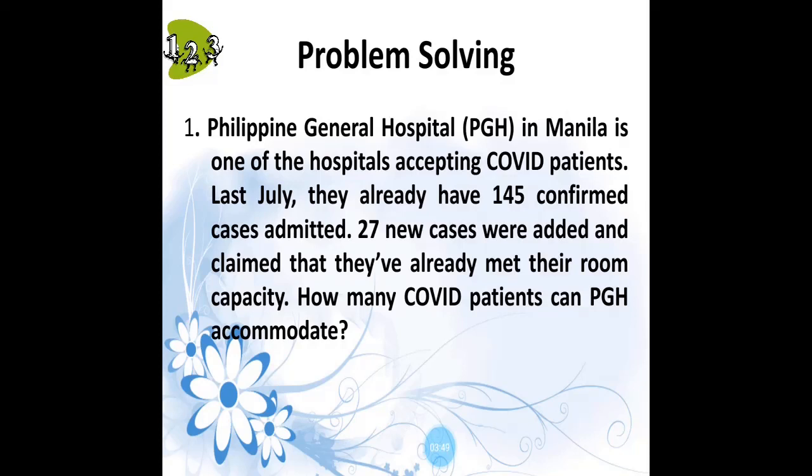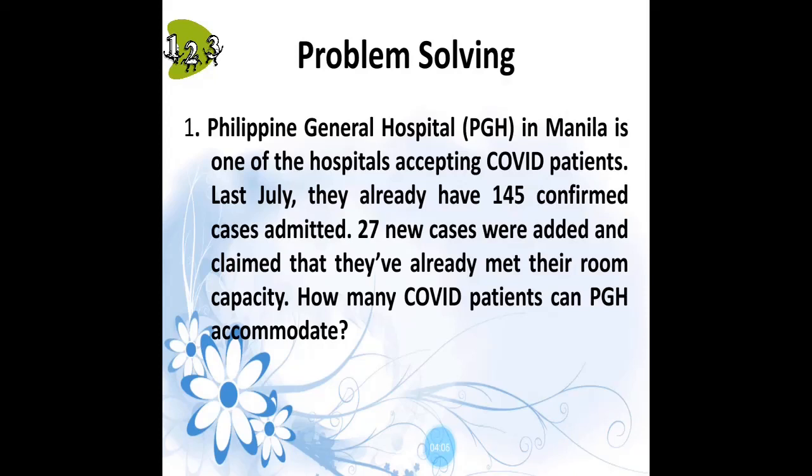Because this is a time of pandemic, our first problem is related to COVID. Philippine General Hospital, or the PGH in Manila, is one of the hospitals accepting COVID patients.